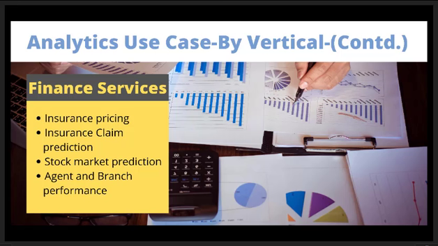Secondly, on the insurance pricing that you see today, for the customer who is 30 years old, versus the person who is 40, or the person who is 50, the premium prices differ.